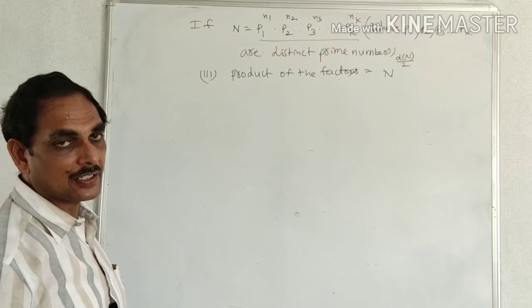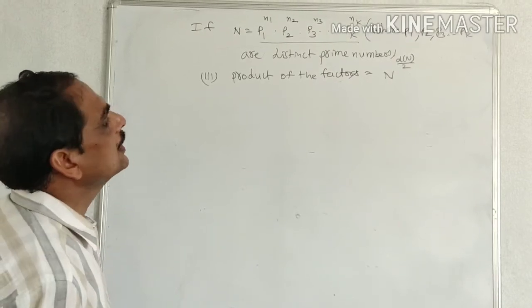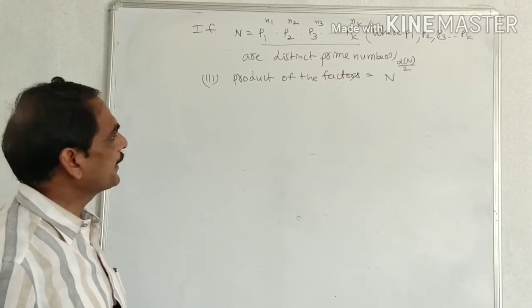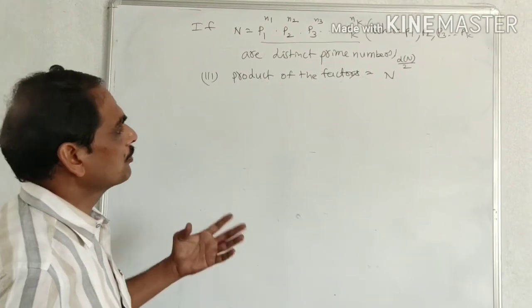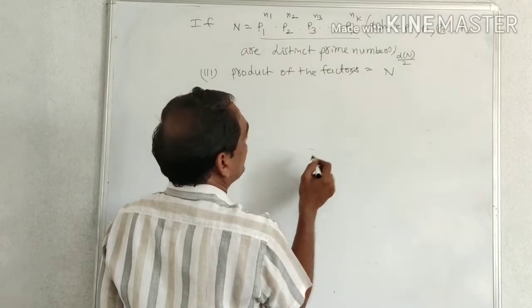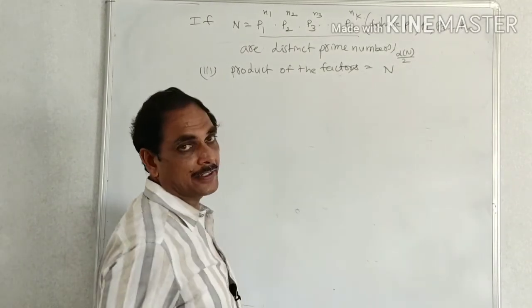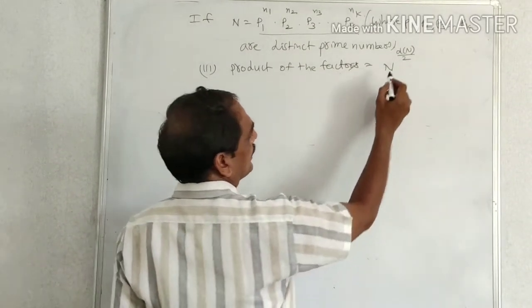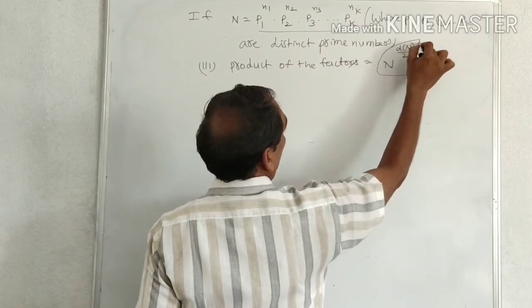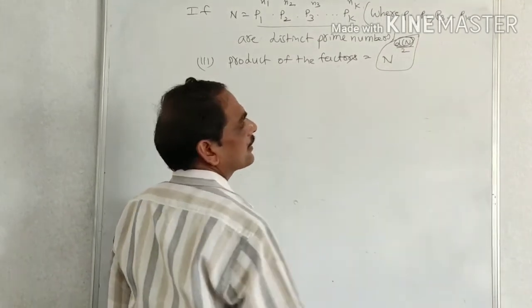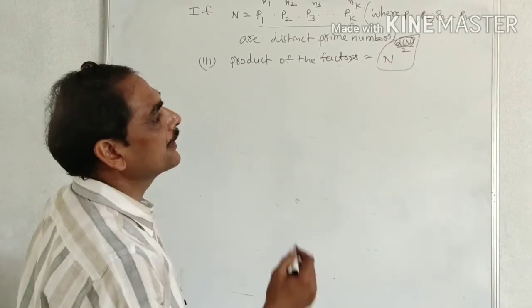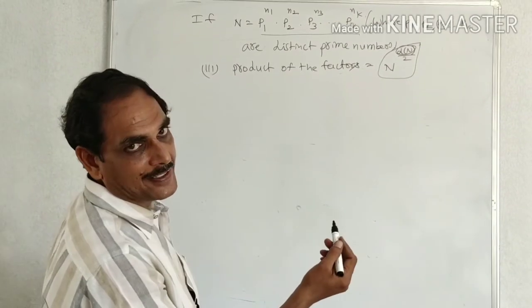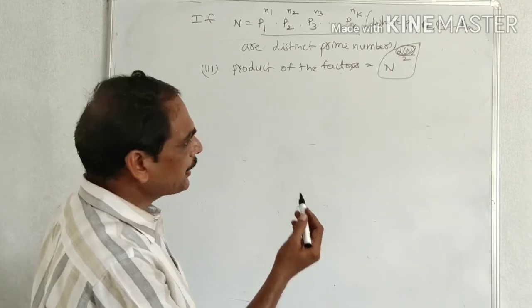Divisors is the other name for factors. So this is the formula to find the product of the factors of n. To find it, first we have to find the number of factors, and by substituting the number of factors here we get the product of the factors.